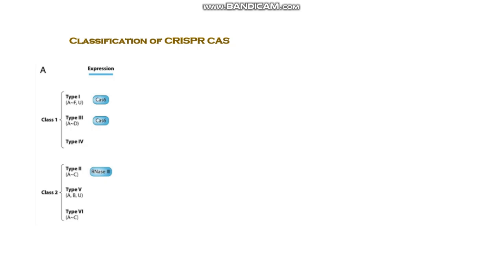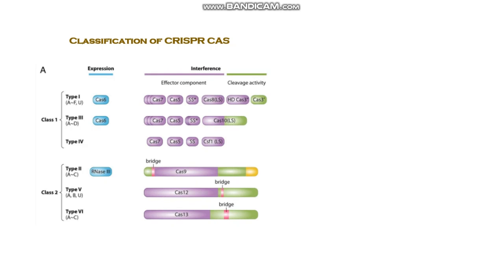This system is widespread in bacteria and archaea, including all hyperthermophilic bacteria, and around 90% of the identified CRISPR-Cas loci are class 1. The rest, about 10%, is class 2.